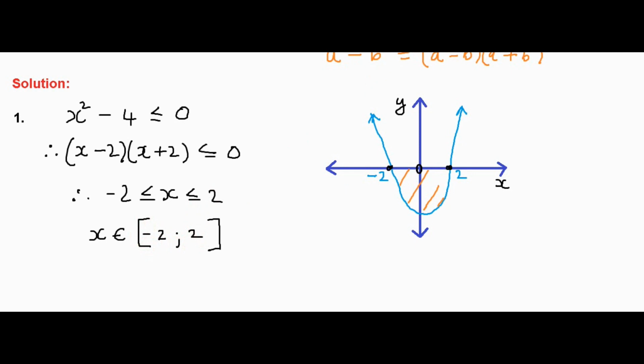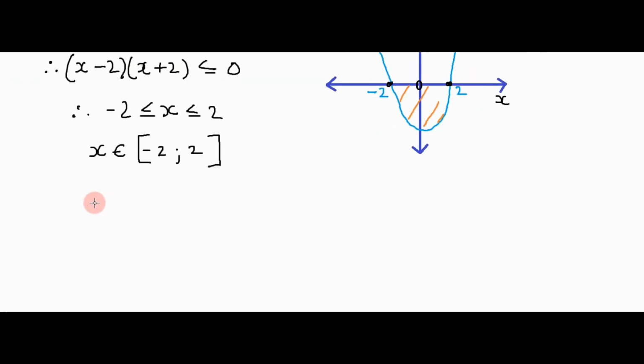Then let's say we had to illustrate this on a number line. Let's do that. So this will be the real axis, or the x-axis. And we are interested in the points -2 and +2. And it includes all values between -2 and +2.